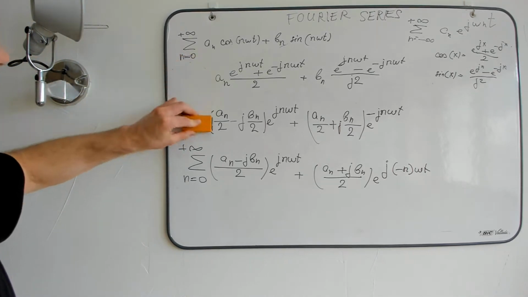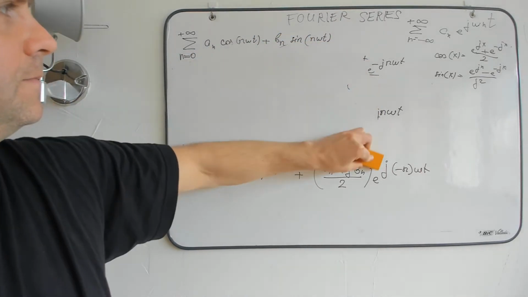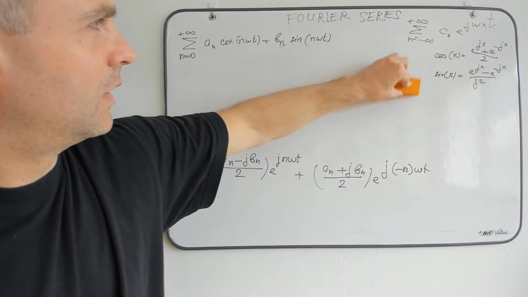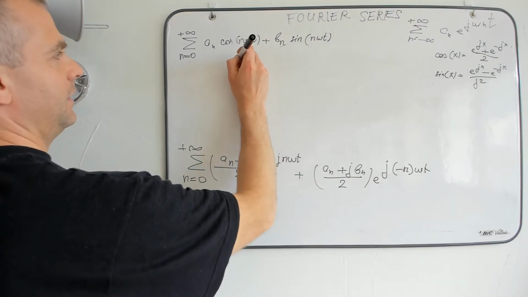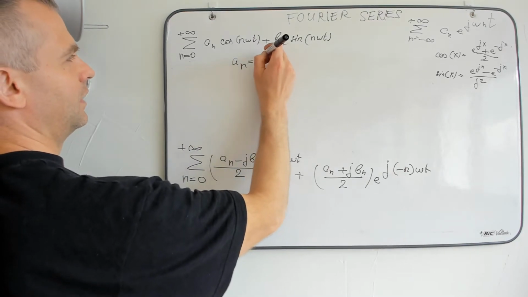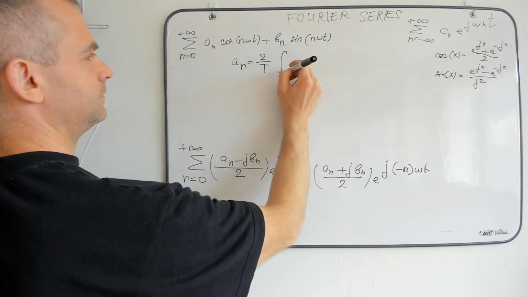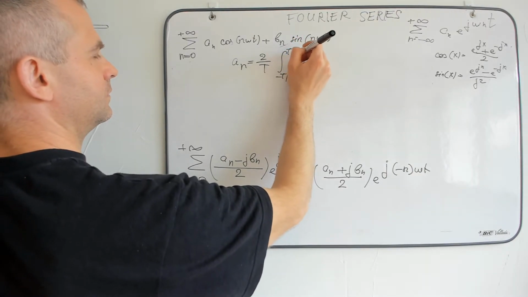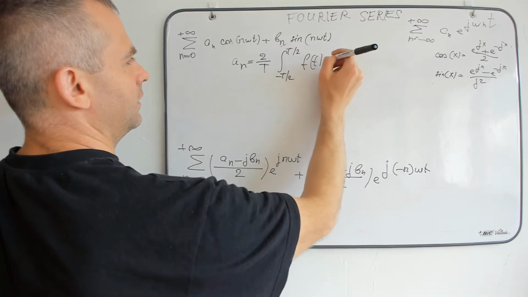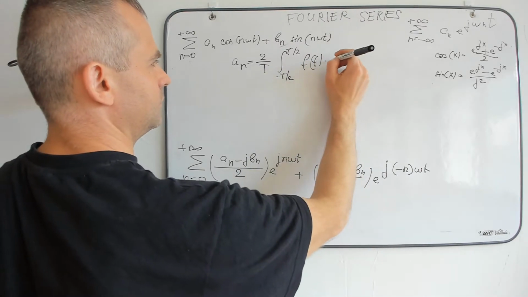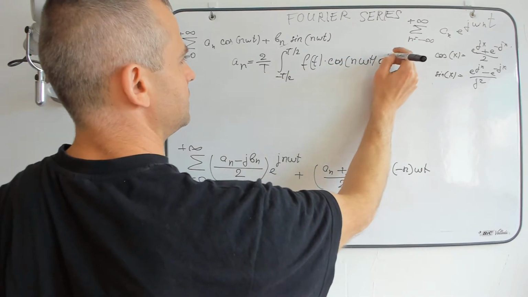To do that I need to know the relation of the an and bn coefficients, and an is an integral of the function times cos n omega t dt.